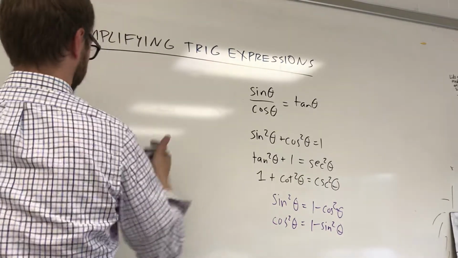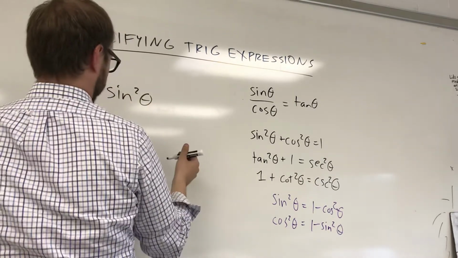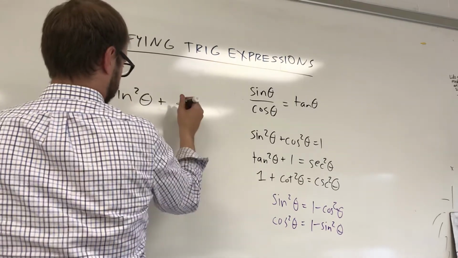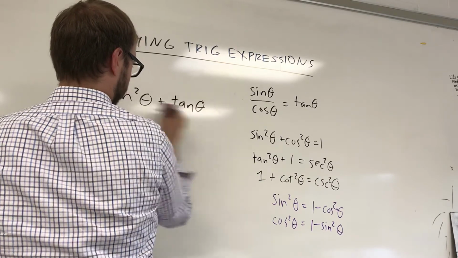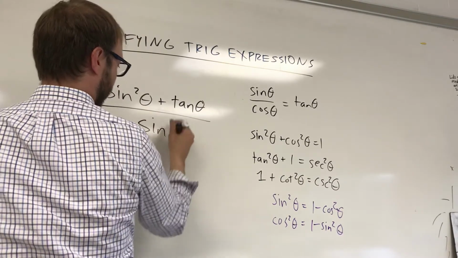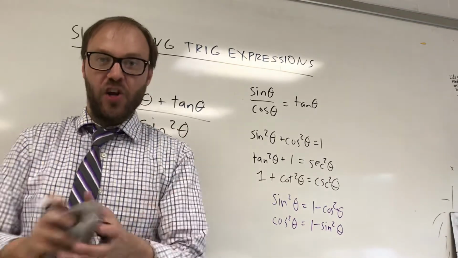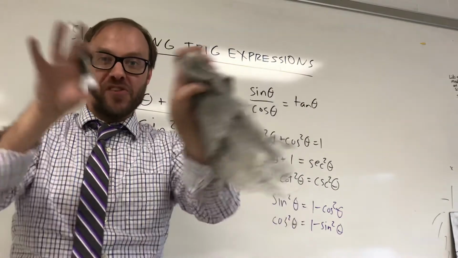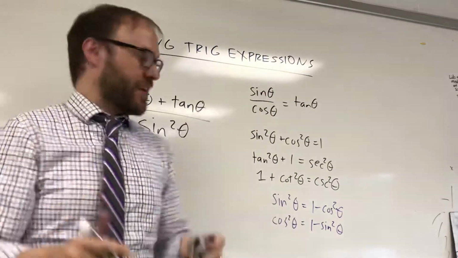let's say you have something like sine squared of theta plus, let's do, I don't know, tangent of theta or something like that, over a sine squared of theta. Remember, if you have a sum or a difference in a numerator, you can break that fraction up using a common denominator, and just your numerator breaks into 2 parts.